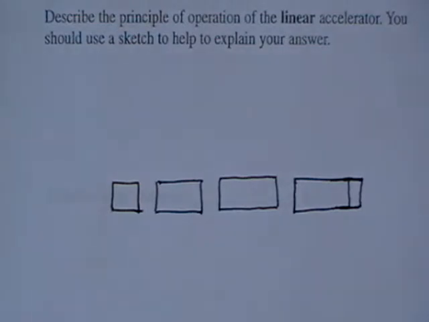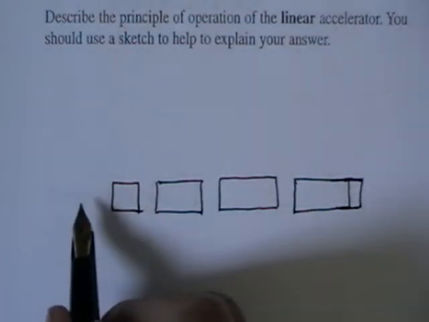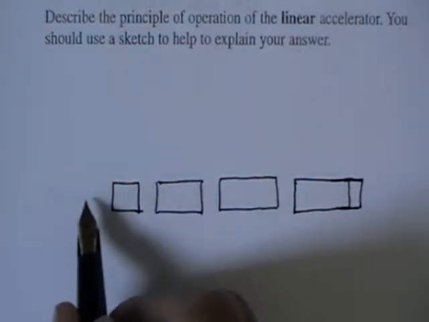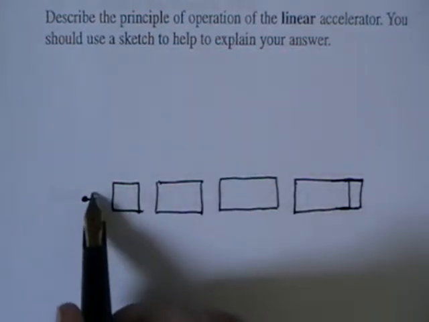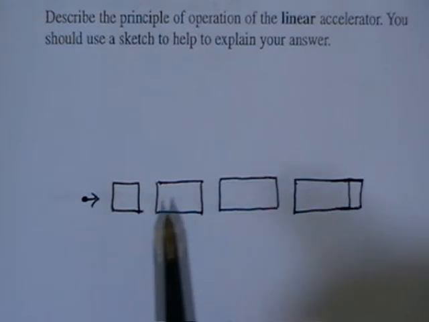But then what we have is an alternating supply, and at some point along here there's where the ion is produced.